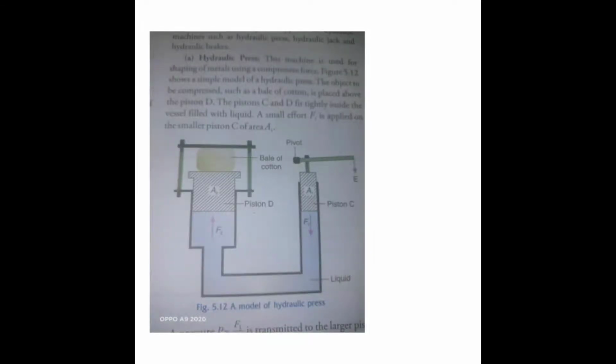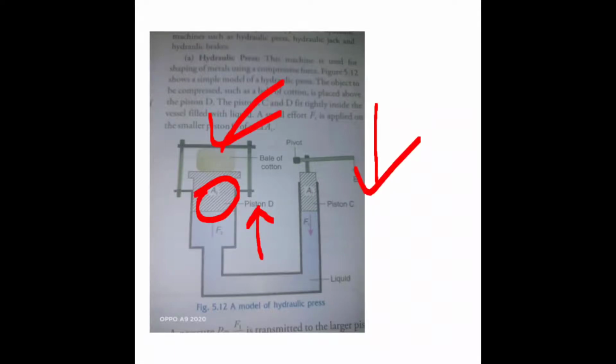Next we have the hydraulic press. This is also based upon Pascal's law. We use the hydraulic press to squeeze a bale of cotton. The cotton is placed here. Now when you apply pressure at one end, here, this piston goes up, and as it goes up, the cotton gets squeezed against the frame with cylinder A2.